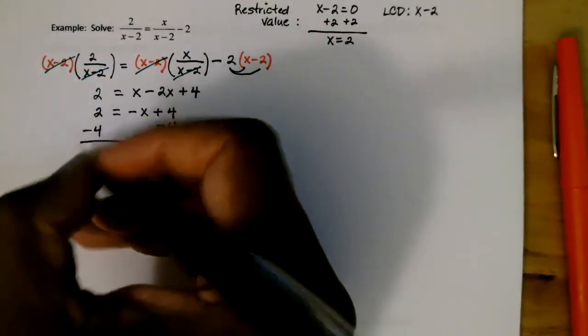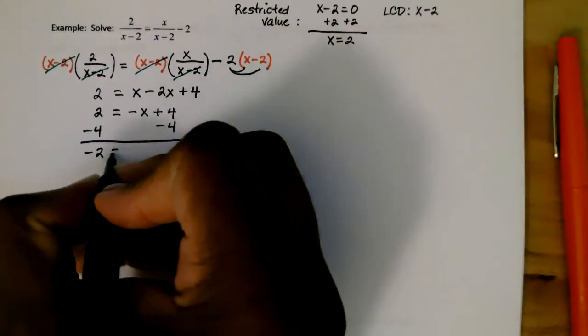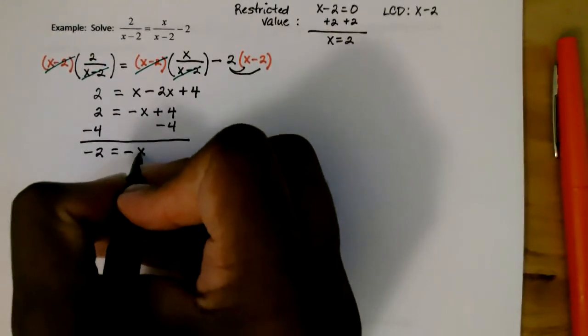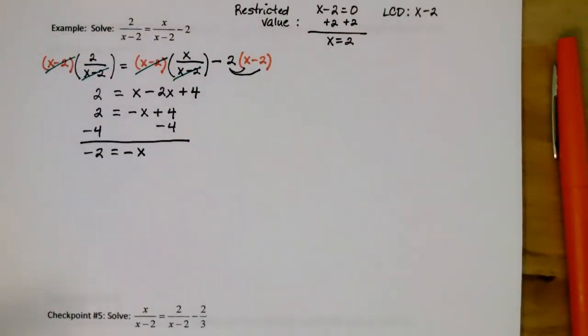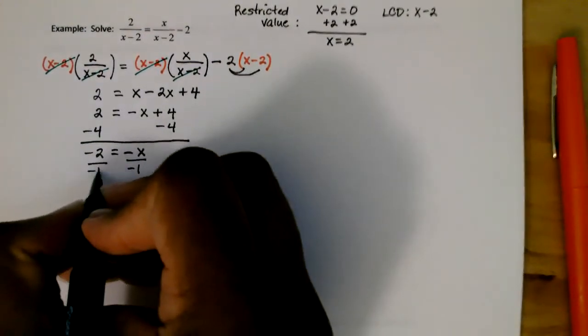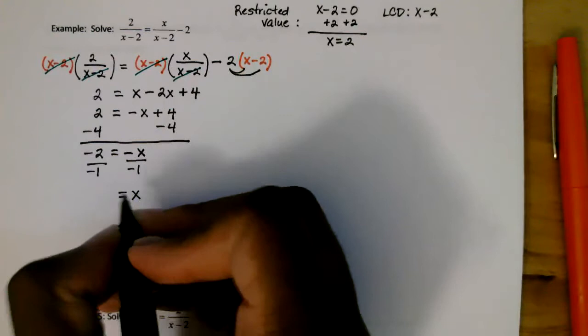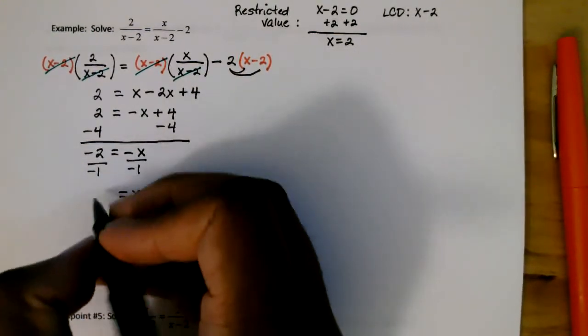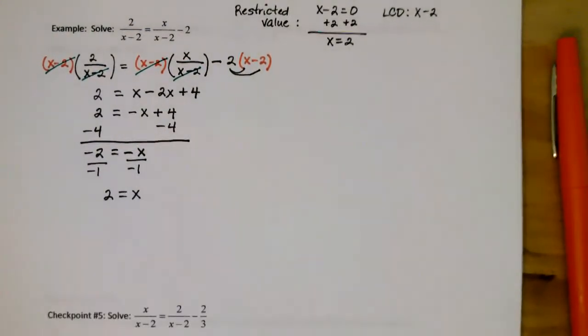So that means 2 minus 4 is negative 2 equals negative x. And to get rid of the negative in front, I'll divide both sides by negative 1. That would mean x is equal to negative 2 divided by negative 1, which is a positive 2.